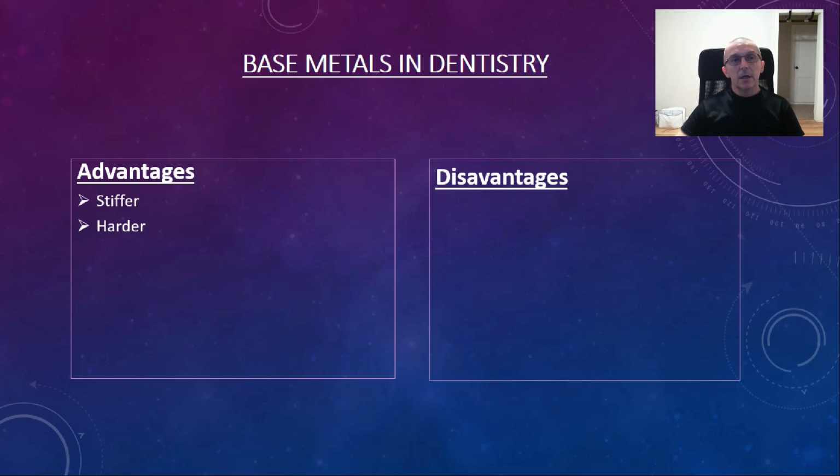Sometimes, even though they are a little more reactive than noble alloys, it makes sense to choose a base metal for your restoration, because maybe you have a very long bridge that base metals would have the strength so that the bridge doesn't break. Like I said, long span bridges need more strength in the material.